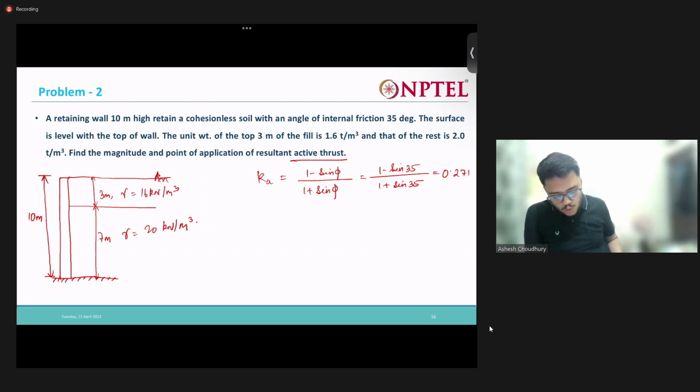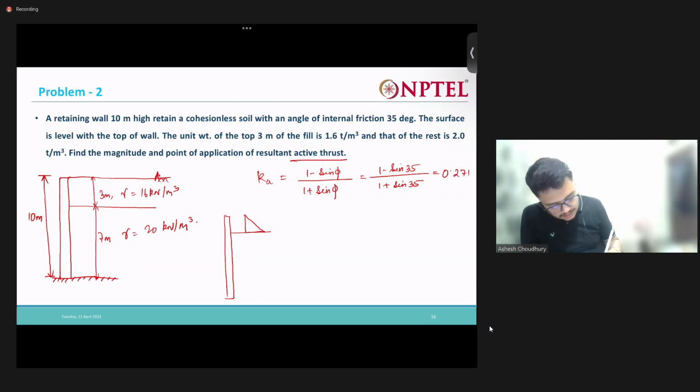Now see, for the upper part, so this is my wall. For the upper part, the shear arrangement will be something like this, right? So let us find what this value is. So this value is nothing but, say, P1. So what will be this value here?